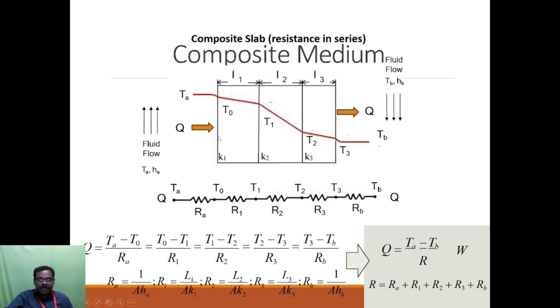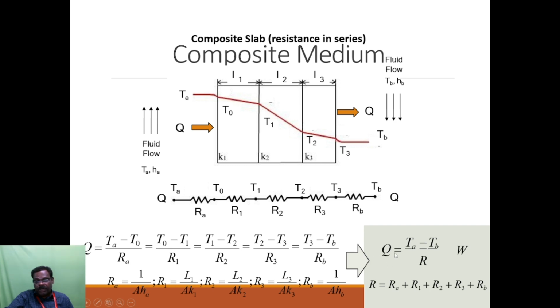For R1, this is the thickness of this wall L1, multiplied with the area and the thermal conductivity of refractory lining 1. Thermal conductivity of refractory lining 2 is K2, this is K3. So R1 equals L1 by K1A1, R2 equals L2 by K2A2, R3 equals L3 by K3A3. But the area is common, so it is equal.